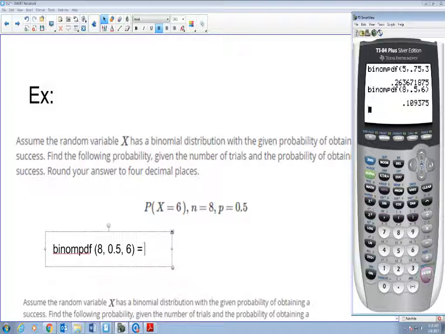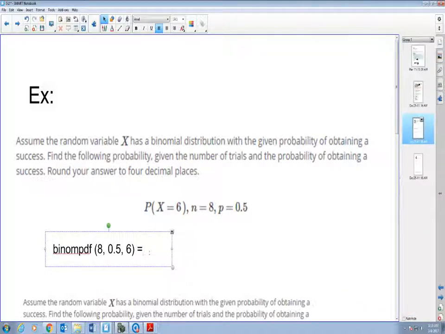Round to 4 decimal places. That will be 0.1094, and that's my answer. Almost an 11% chance.